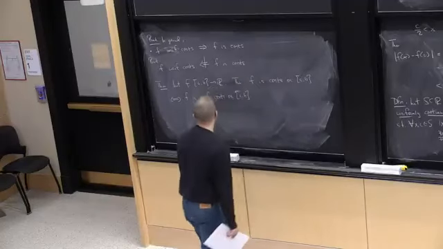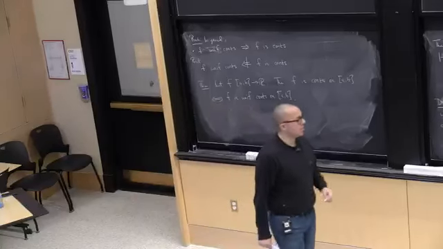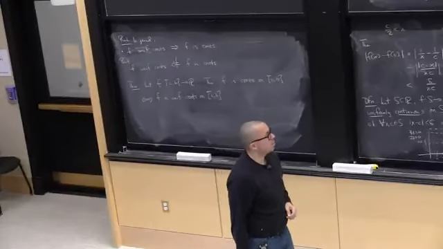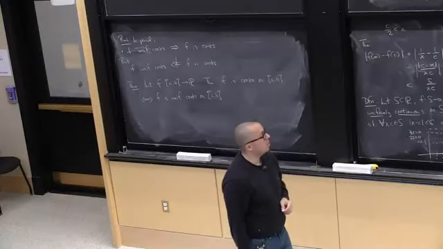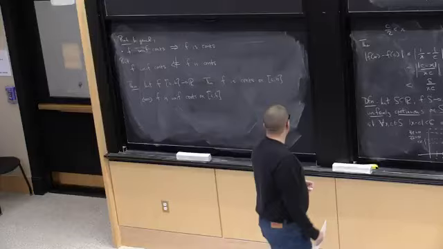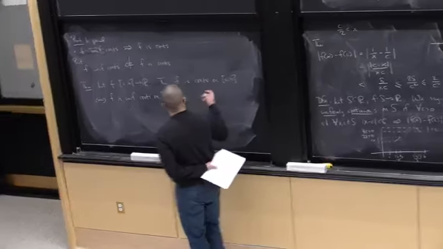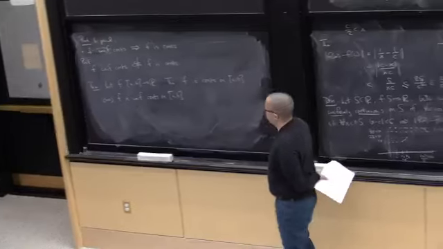Okay, and the necessity of working on a closed and bounded interval is seen again by the examples we had here of f of x equals 1 over x and f of x equals x squared on R and 0, 1. But as long as we're looking on a closed and bounded interval, continuous is equivalent to uniform continuity.